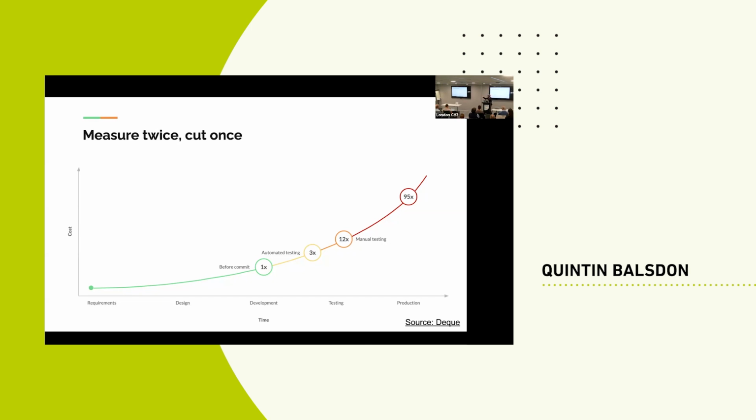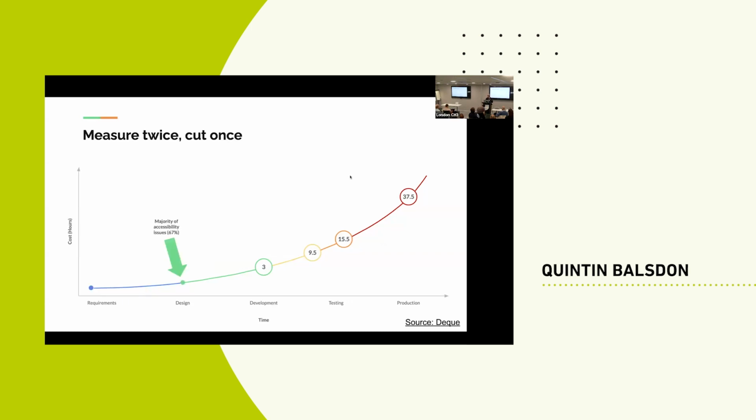And you can see their numbers are fairly honest. It goes from costing 1 times to 3 times to 12 times to 95 times, escalating up.